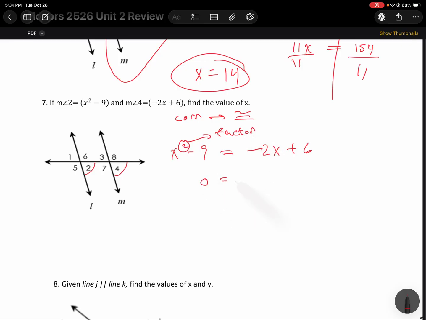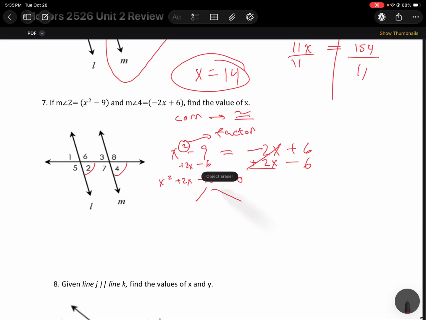And to do so, I need to set one side equal to 0, and it's going to be the side that does not have my exponent because I don't want to move it. So in order to get rid of all of my terms on the right, I need to neutralize 2x. So I will add 2x to both sides and subtract 6 to both sides. So plus 2x minus 6. This will leave me with x squared plus 2x minus 15.